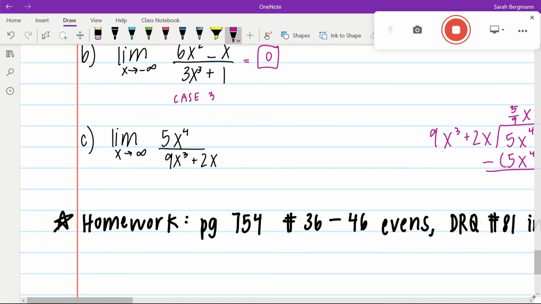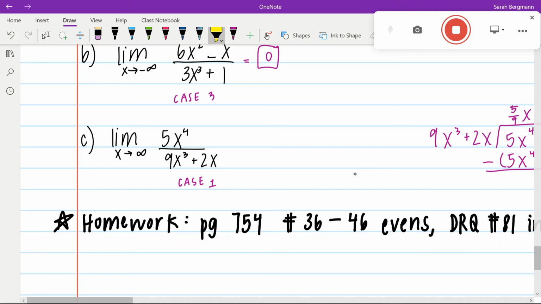Last, part C, we have the limit as x approaches infinity. So we're talking about the right end. And for this function, the degree of the numerator is higher than the degree of the denominator. So this is case 1. And for case 1, we need to look at the division a little bit.